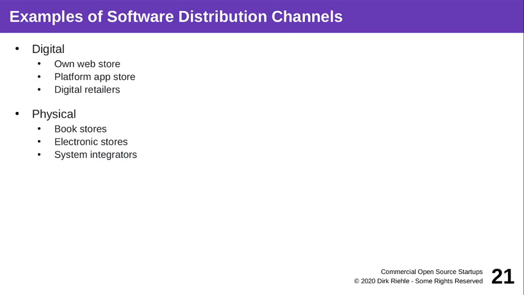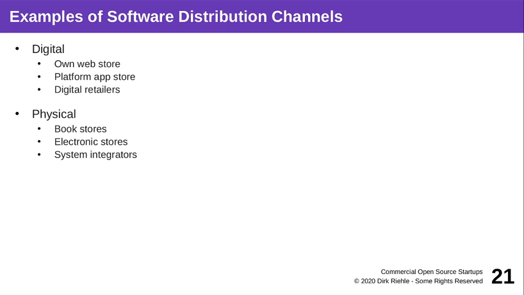And so here are more examples of digital channels, in particular distribution channels, how you might deliver your product to customers. They might buy it from your web store, from an app store. And you might have retailers.